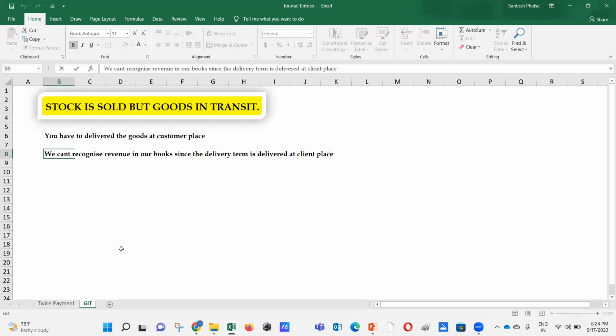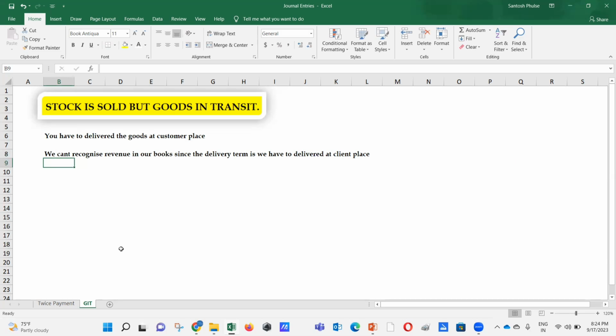So delivery at client's place. We have to deliver at client place. Until the time we deliver, the ownership, risk and possession are not going to transfer. So we can't consider this as revenue in our books.